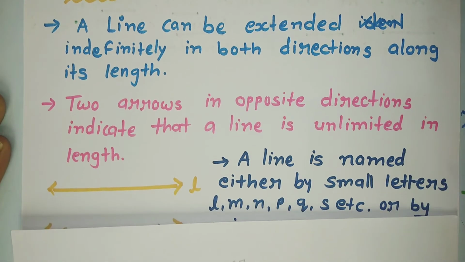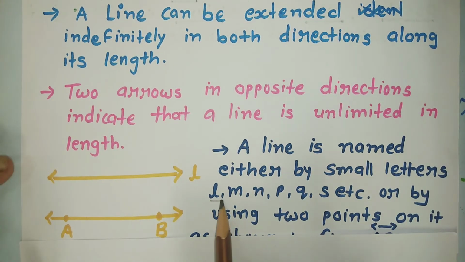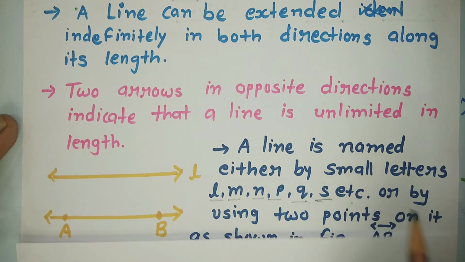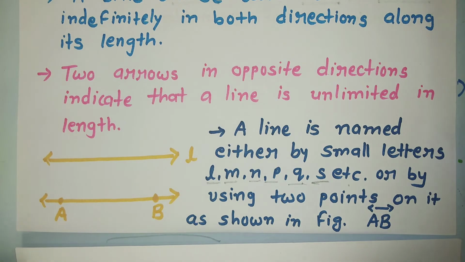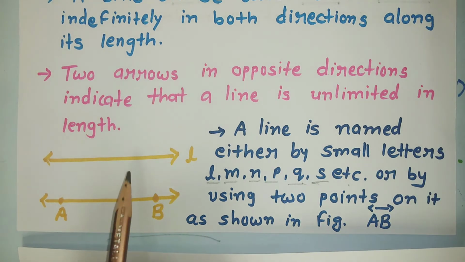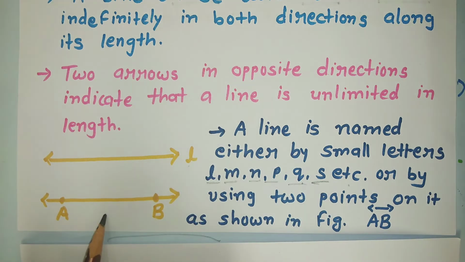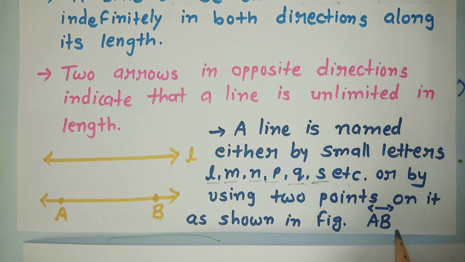A line is named either by a small letter like l, m, n, p, q, s, etc., or by using two points on it as shown in the figure. Here are the two ways to name a line. One, I can use a small letter, and the other, I can write two capital letters. So here it's line l, or I can say line AB.